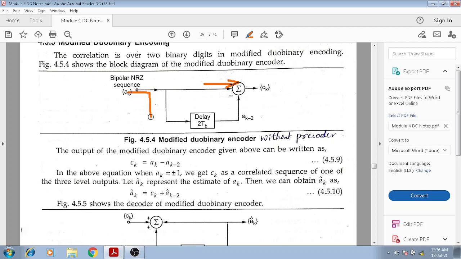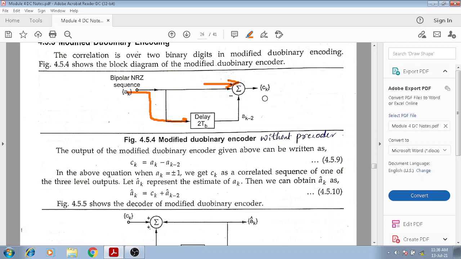So ak is given as an input to the delay consisting of 2TB, and the output is ak-2. If there is a single delay TB, then the output is ak-1. Since there is a 2TB delay, the output is ak-2, and this is another input for the subtractor. Therefore the inputs for this subtractor are ak and ak-2.